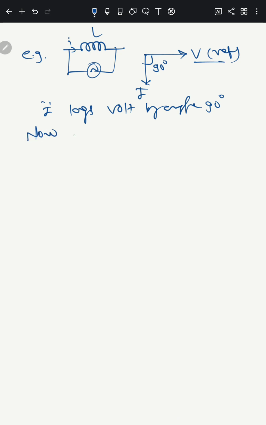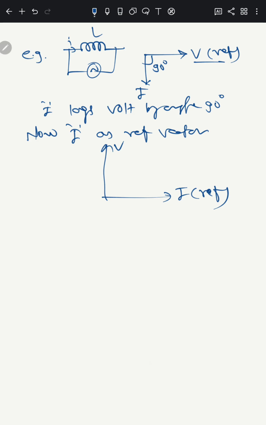Now if we consider current as the reference vector, there will be some change in the diagram. This is the current vector considered as reference, and voltage will be like this. If current is the reference vector, we treat this diagram, and if voltage is taken as the reference, we consider the first diagram.